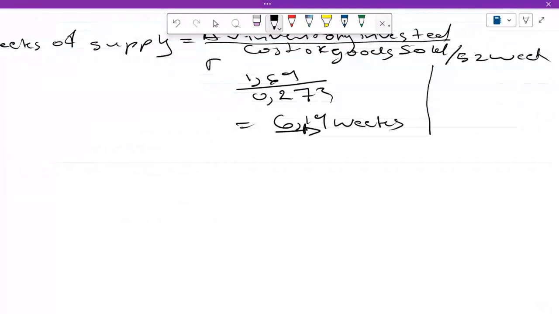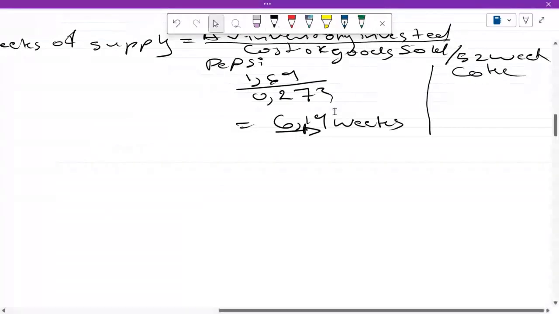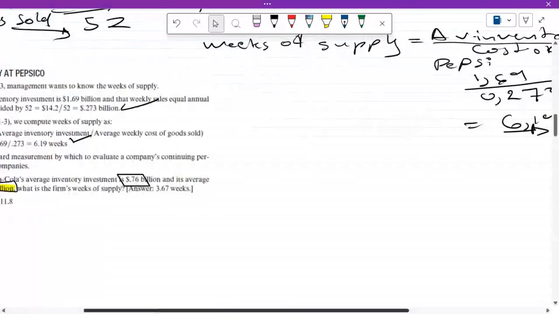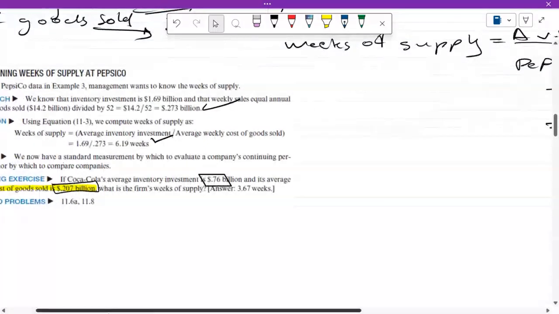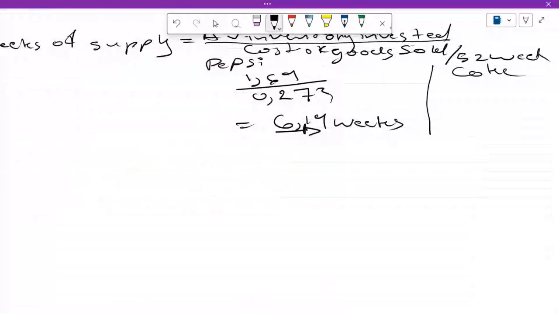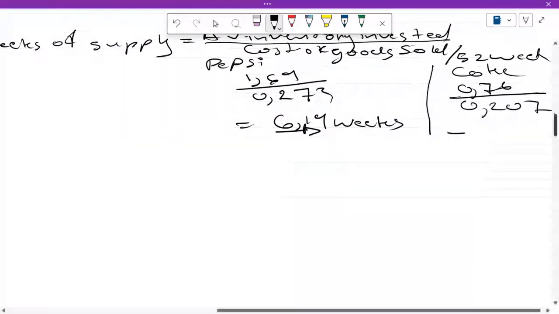This is Pepsi. This is Coke. And then we have our average cost for it, which is 0.76. 0.76 divided by 0.207 equals, can I have the answer, ladies and gentlemen?